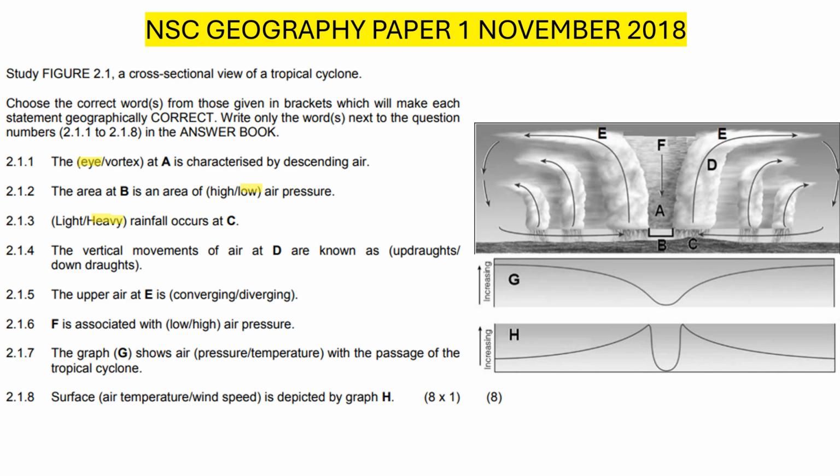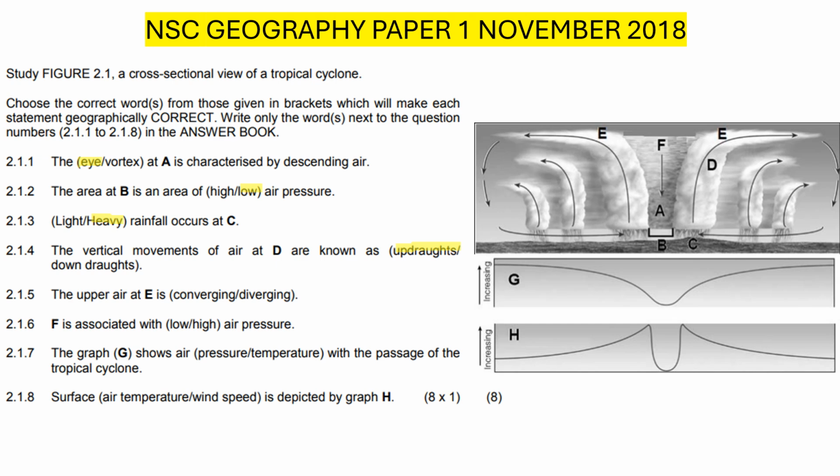So this is the air at D. The upward movement is called an updraft. So in this instance, your updrafts are responsible for the creation of those cumulonimbus clouds and why they stretch so high into the atmosphere vertically.